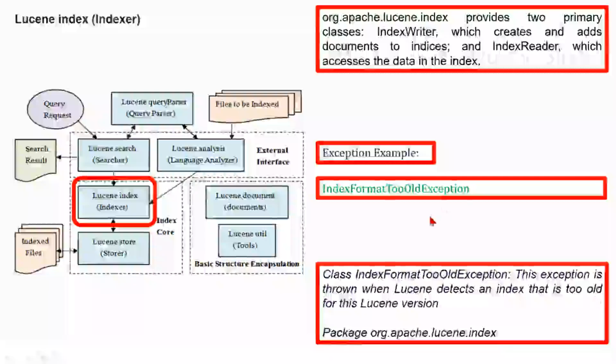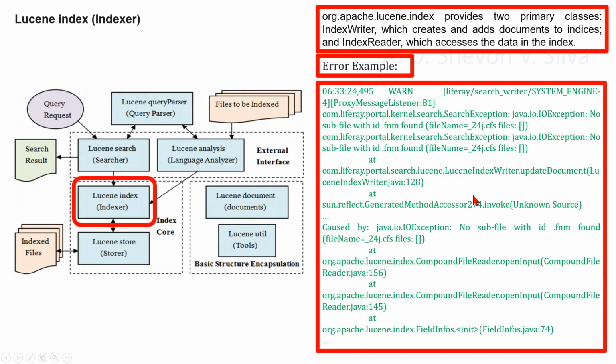We can consider IndexFormatTooOldException, the class. This exception is thrown when Lucene detects an index that is too old for this Lucene version. This is in package org.apache.lucene.index. As an error example, we can consider this one.